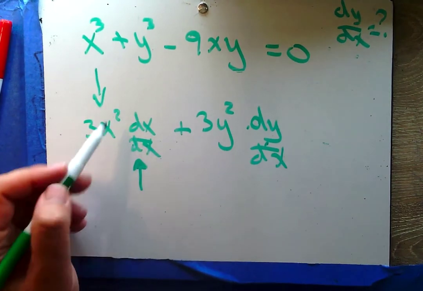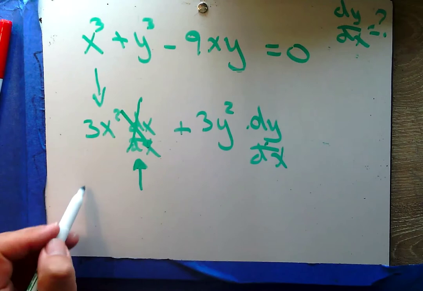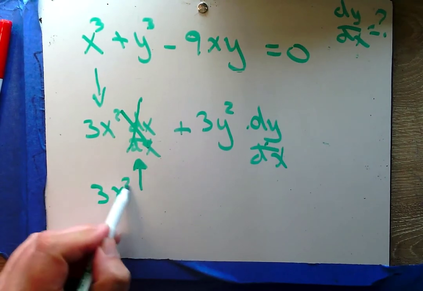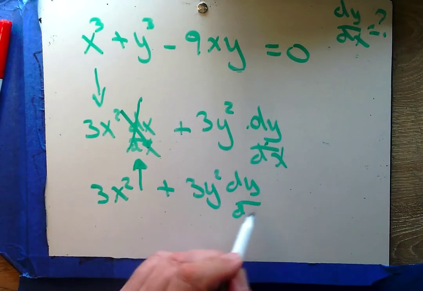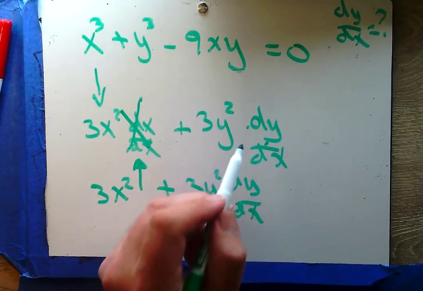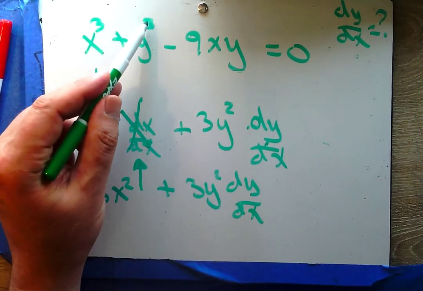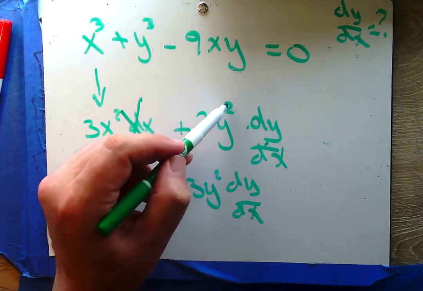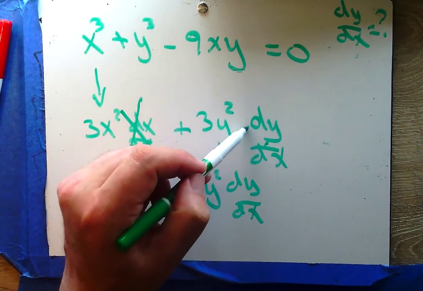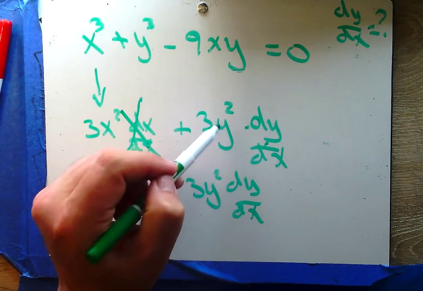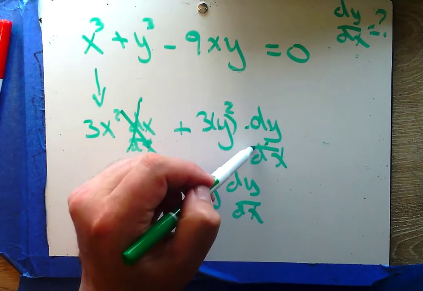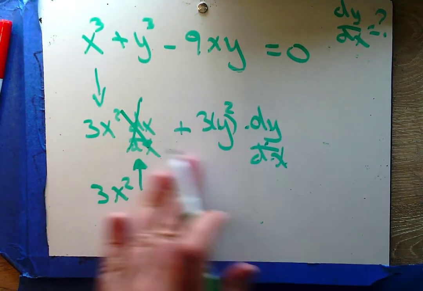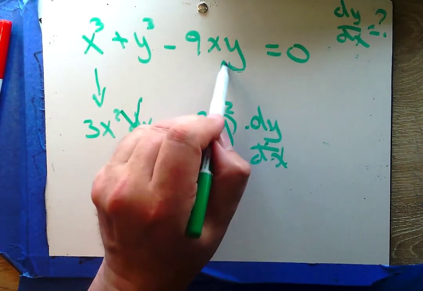Here that cancels out, and I can get rid of it: 3x squared plus 3y squared dy dx. But here I can't. Here I took the derivative of the outside, I brought down the 3, I subtracted 1, then I had to come back and take the derivative of that inside object with respect to x. Okay?